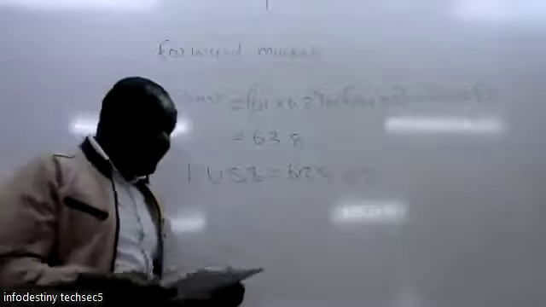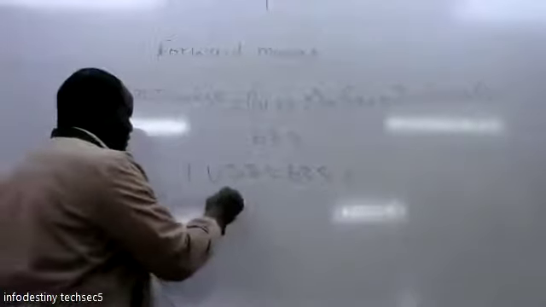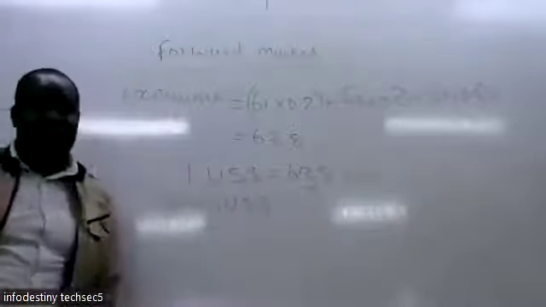So how many US dollars were to be paid in the first paragraph? You can see there 800,000. So 800,000 US dollars. So when you convert into Kenyan shillings, how much did he pay in that forward market?